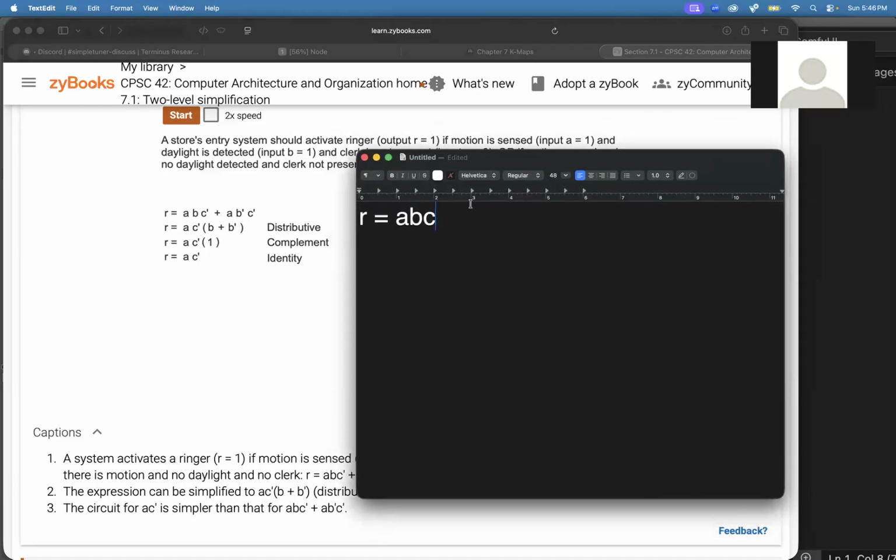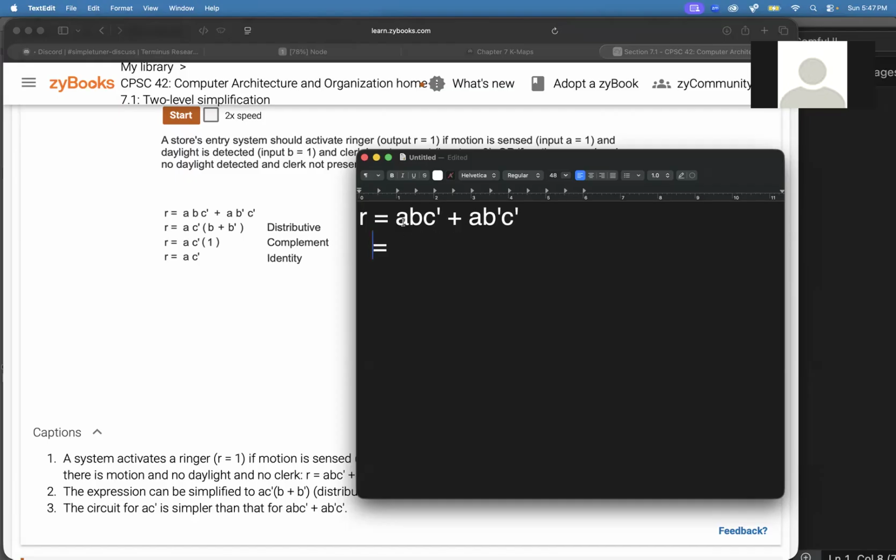If I'm typing a Boolean expression like the one we have here, the apostrophes mean nots, right? And multiplication means AND, addition means OR. We learn that you can factor out and simplify these things.